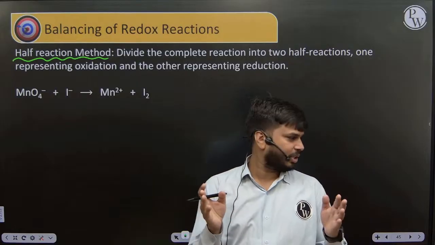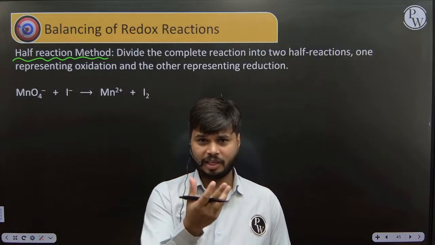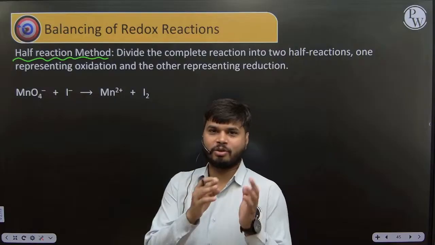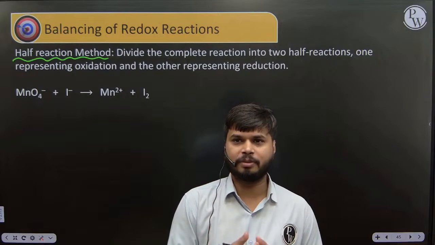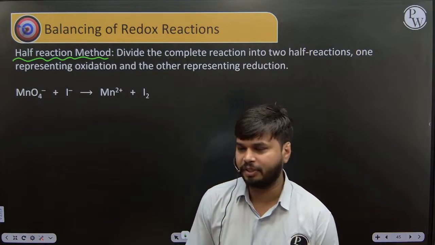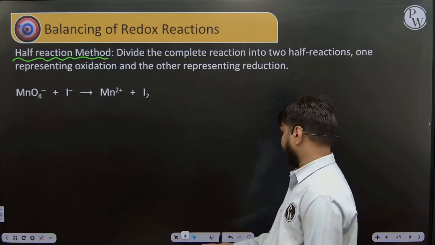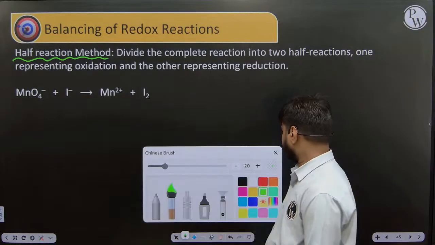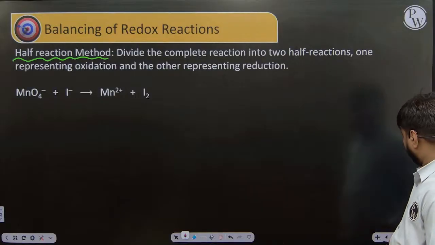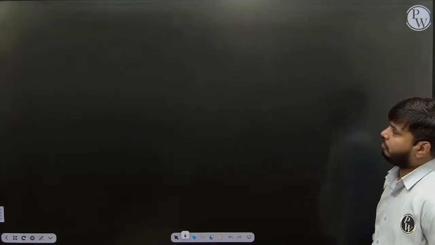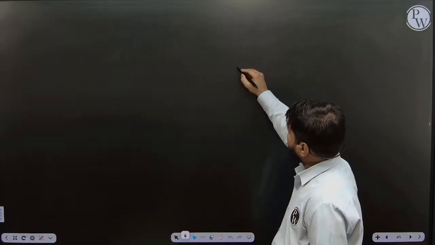These two half reactions will be: one is going to be the oxidation reaction, and the other the reduction reaction. So oxidation and reduction, two reactions are going to be there, and we are going to separate a single reaction into two half reactions. But before discussing the balancing, let's talk about the general balancing.